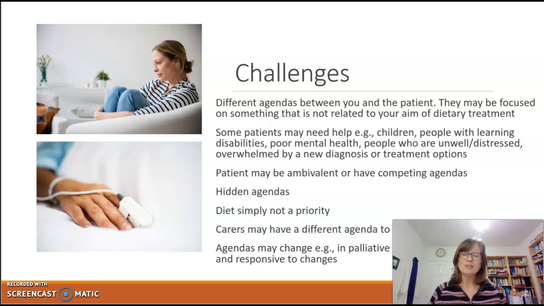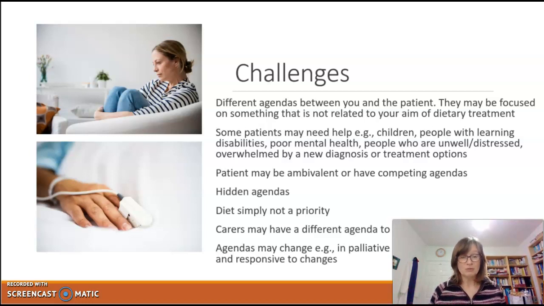We will have some patients for whom it's just going to be really difficult. They might need help: children, for example, and families, people with a learning disability, people with poor mental health may be struggling to cope with change, people who are unwell or very distressed.